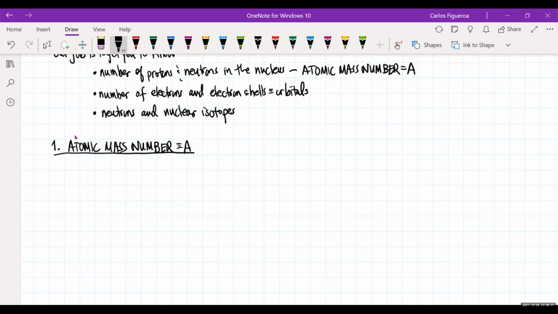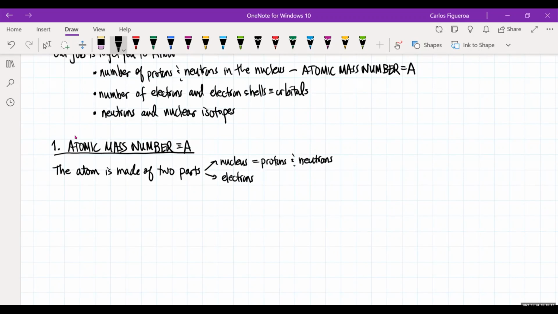So what's the origin of the atomic mass? Here's what we know. The atom is made of two parts, right? One, we know about the nucleus, and inside the nucleus, it's protons and neutrons. And then, of course, we have the electrons.